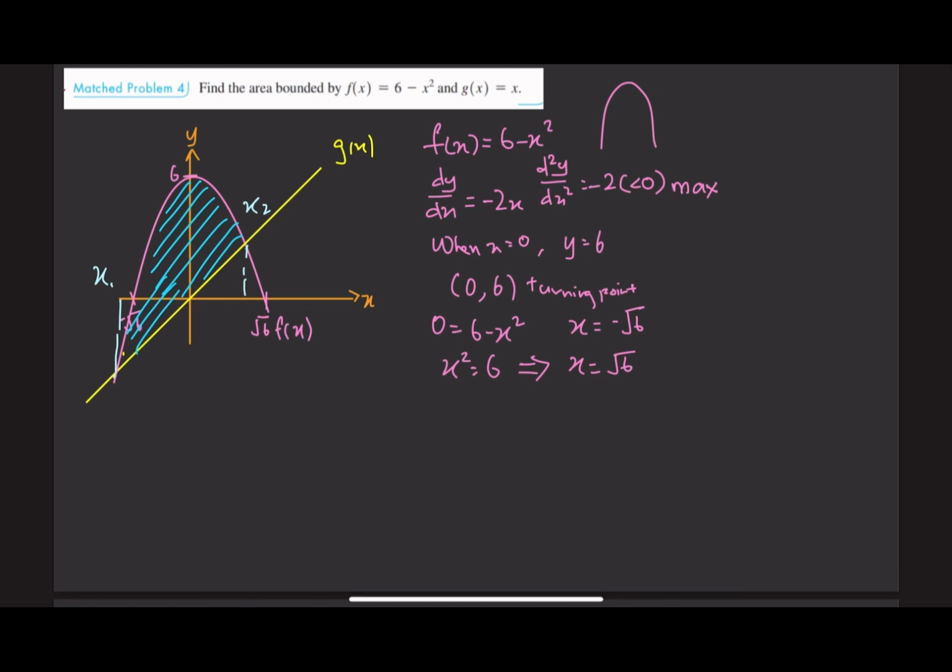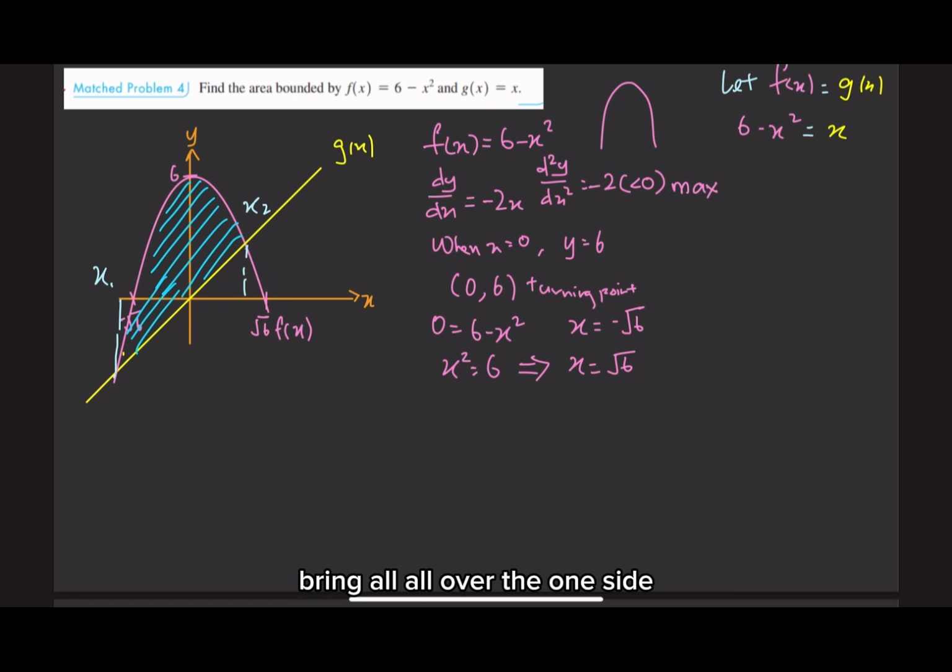So let f of x equal g of x, and that means that our 6 minus x squared equals g of x, which is x.